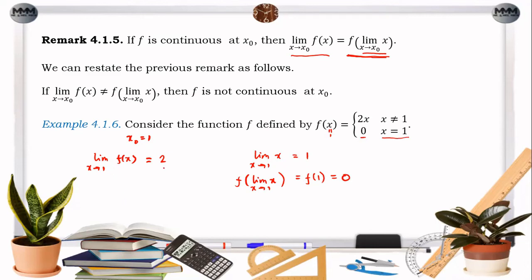Now, as you can see, based on our results, the limit of f of x as x approaches 1 is 2, which is not equal to f of the limit of x as x approaches 1, because it is equal to 0. So as a result, the limit of f of x as x approaches 1 is not equal to f of the limit of x as x approaches 1.